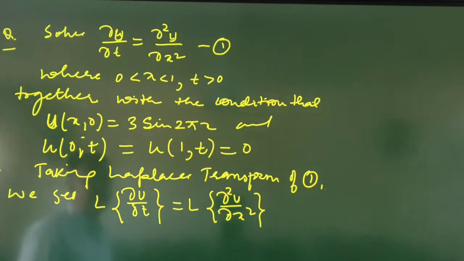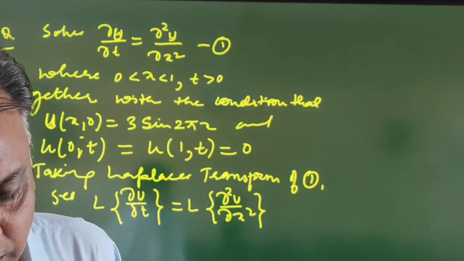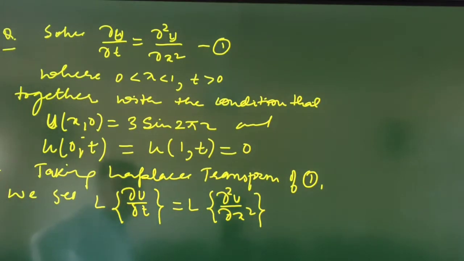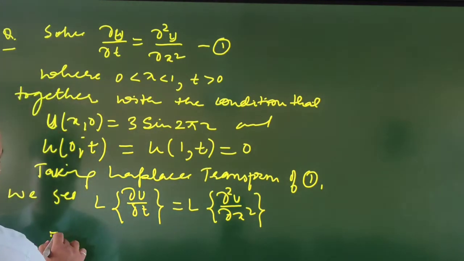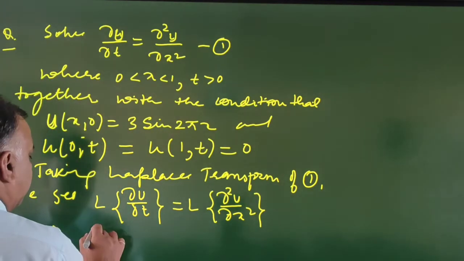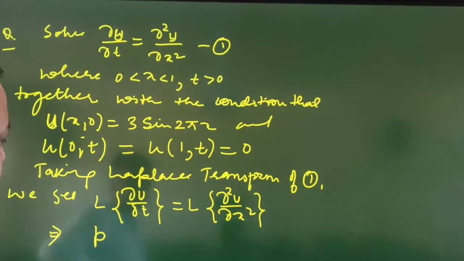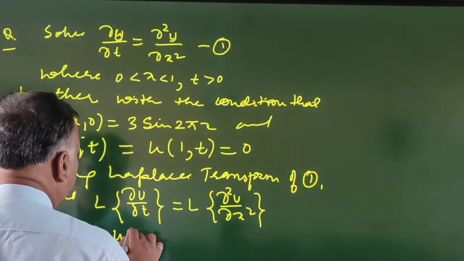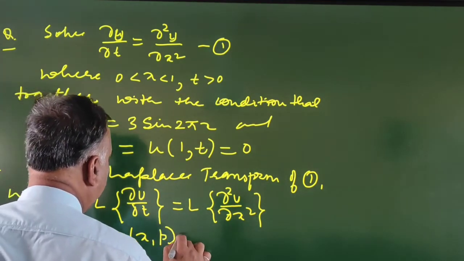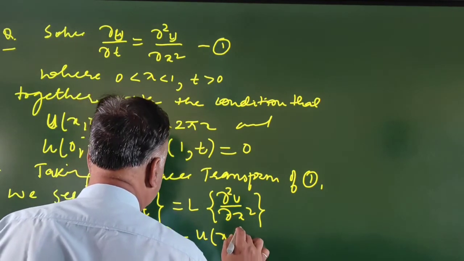As we have studied earlier, the Laplace transformation of the first order derivative of u with respect to t is p ū(x,p) minus u(x,0).